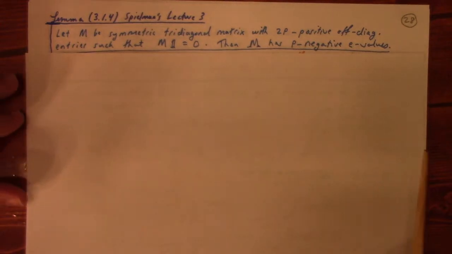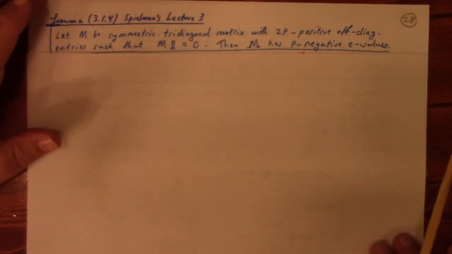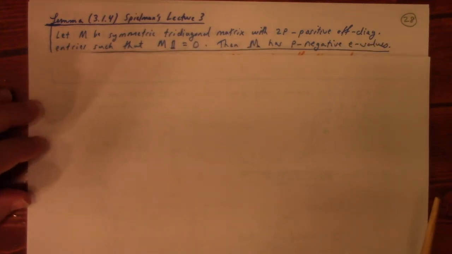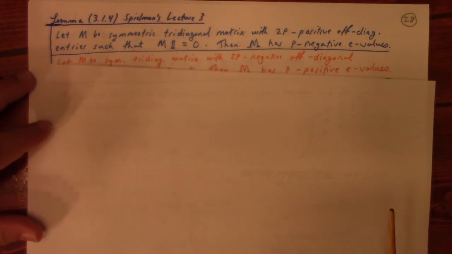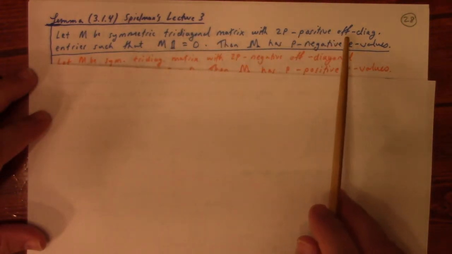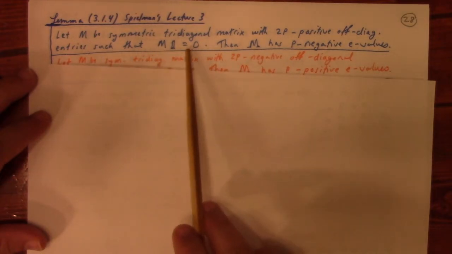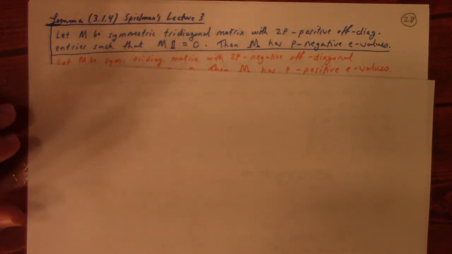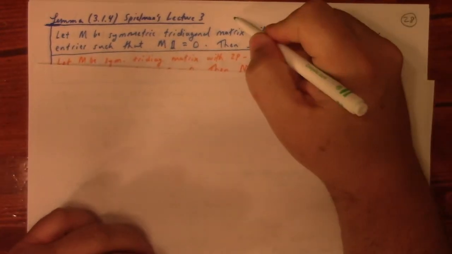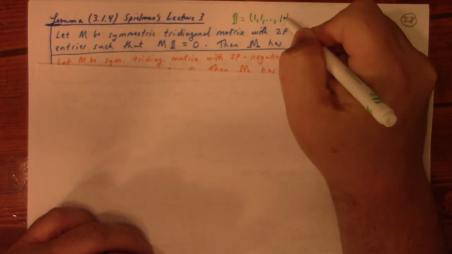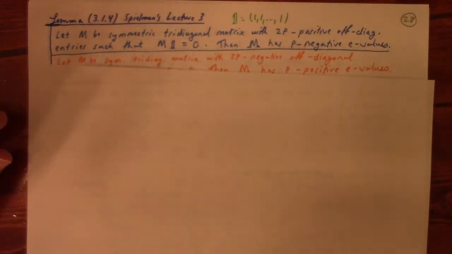Now there are some other results from lecture 3 which I'd like to go through quickly. If M is a symmetric tridiagonal matrix with 2p positive off-diagonal entries, such that one is in the all-ones vector, I should write that here.